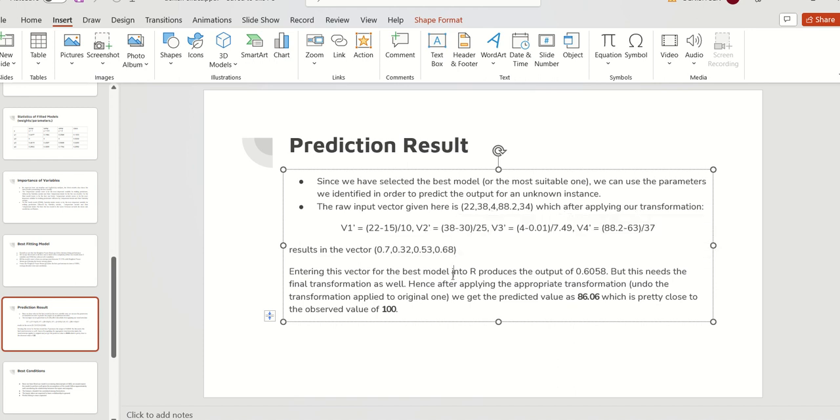Entering this vector for the best model into R produces the output of 0.6058, but this needs a final transformation as well. After applying the appropriate transformation, we undo the transformation applied to the original one and we get the predicted value of 86.06, which is pretty close to the observed value of 100.